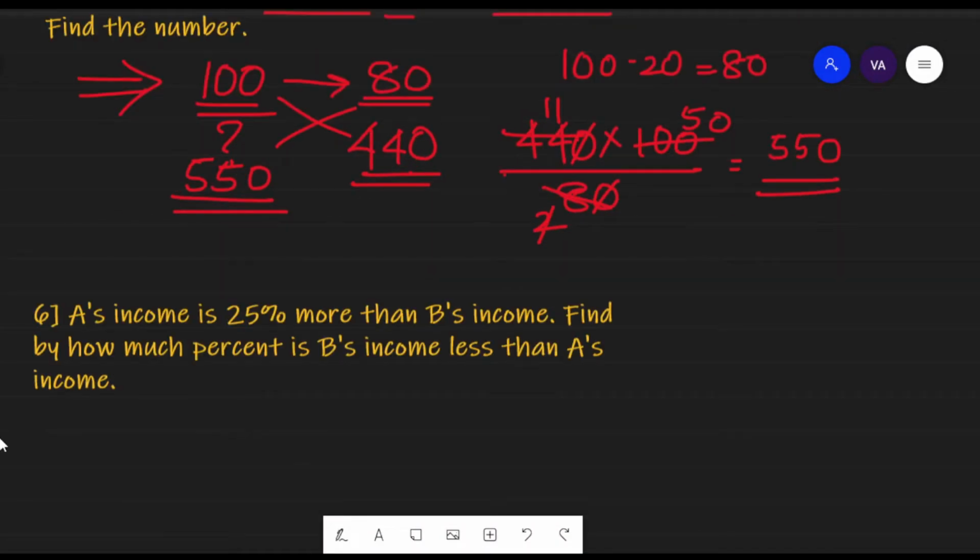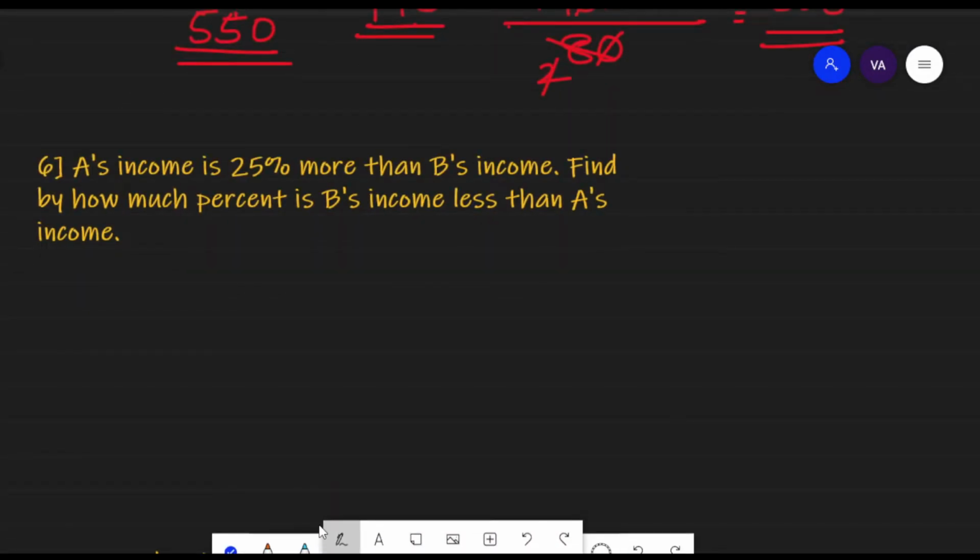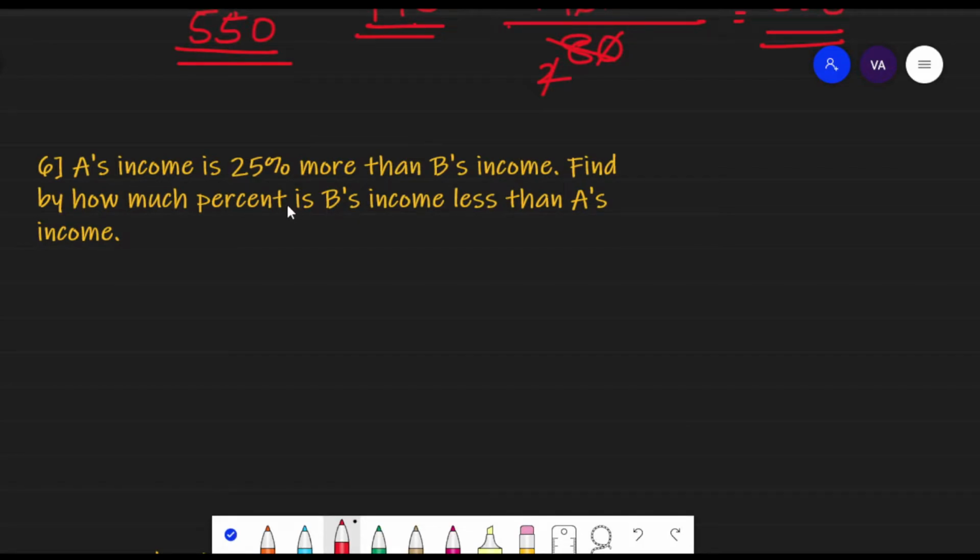Let's see the next problem. A's income is 25% more than B's income. Find by how many percent B's income is less than A's income. Okay, here they have given that A's income is 25% more than B's income. Let's see how we can do this.